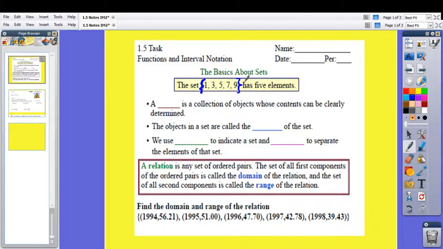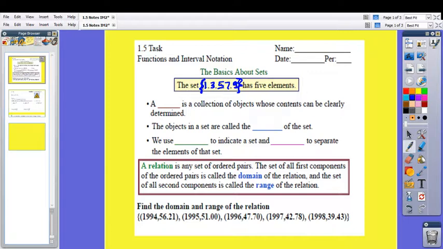So this has braces, and then inside this set, it has a collection of different numbers. So you have 1, 3, 5, 7, and 9. Now they can be related to each other, or we just put them.